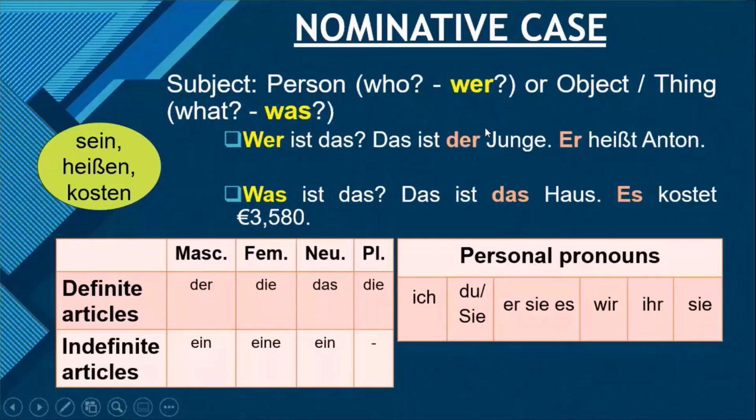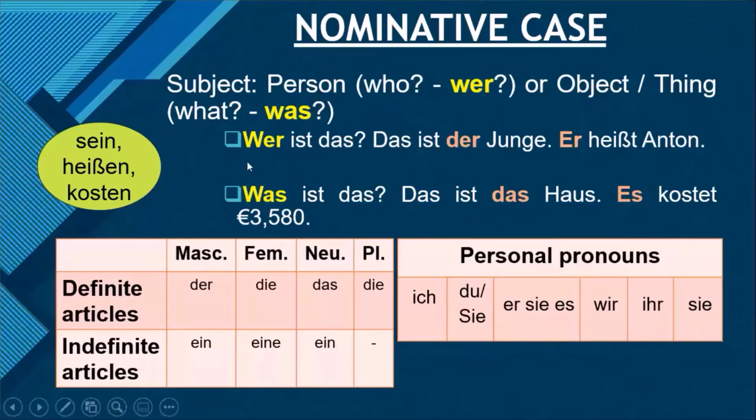So, as I mentioned in my previous tutorials also, all German nouns have genders. So they can be masculine, feminine, or neutral. And not only people, but things will also have genders.